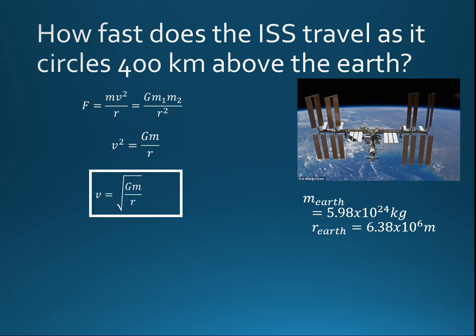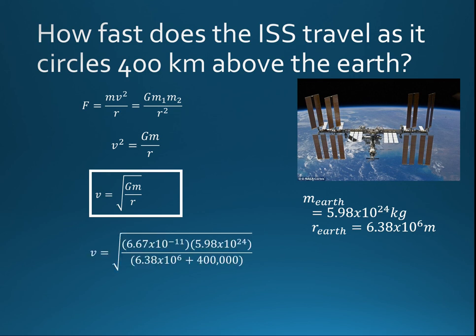We can then square root each side to find that velocity will again be equal to square root GM over r. Plugging in then the gravitational constant as well as the mass and the radius, we end up with this equation, and calculating it out, we get that the velocity will be 7,670 meters per second, or approximately 28,000 kilometers per hour.